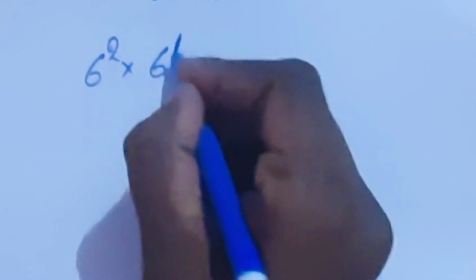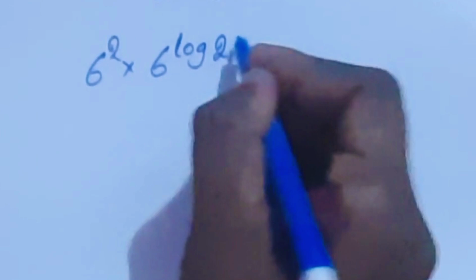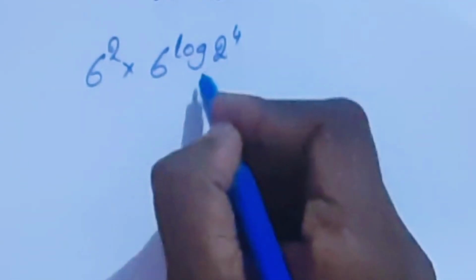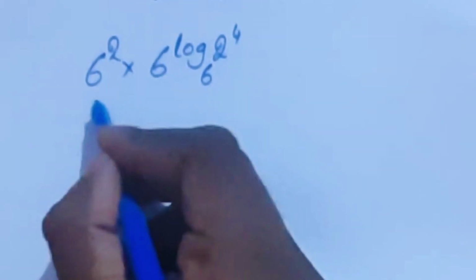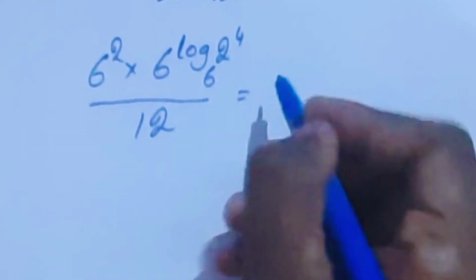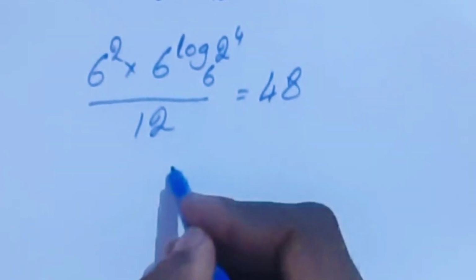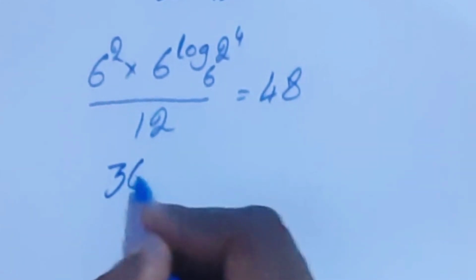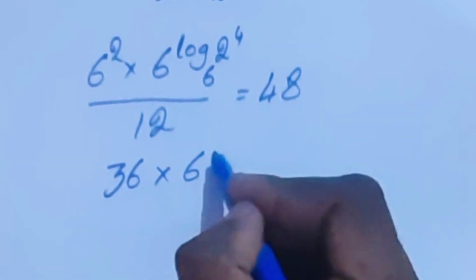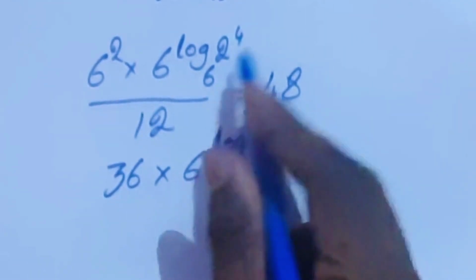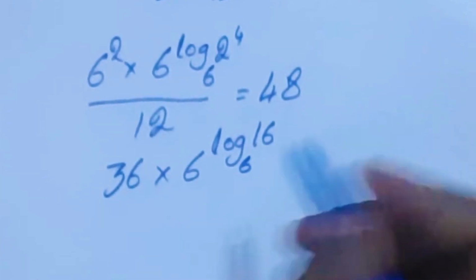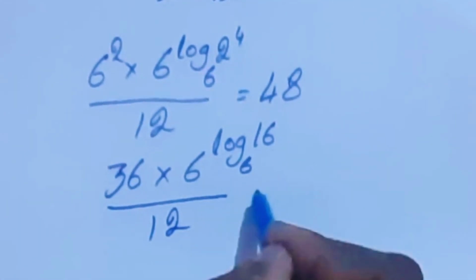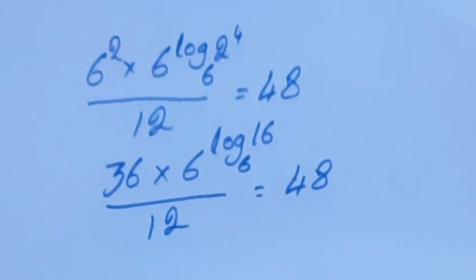Now 6 power 2 times 6 power log 2 power 4 base 6 by 12 equal to 48. Here this 6 power 2 is 36. 36 times 6 power log 2 power 4, which is 16, base 6 by 12 equal to 48.